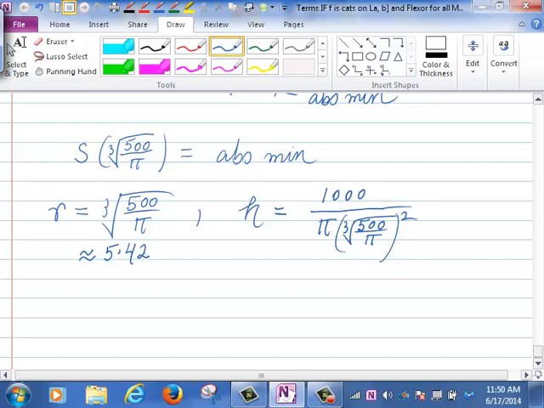And what is the height? If you don't have your calculator, you can leave your answer this way, but height is about what? Anyone has that number? Instead of the cube root of 500 over pi, you can write down 5.42 now, right? So it's basically 1000 divided by pi times 5.42 squared.